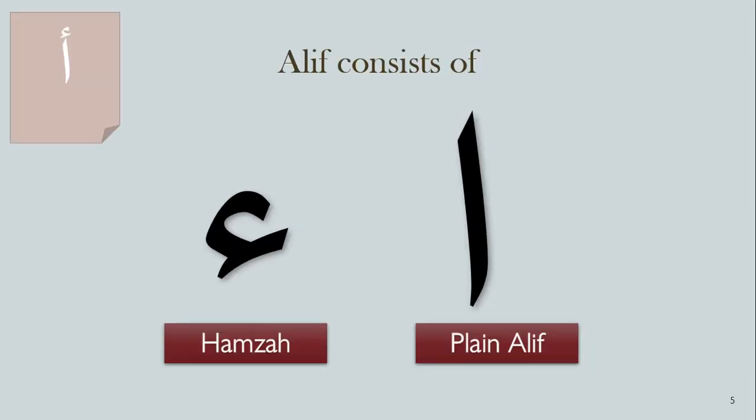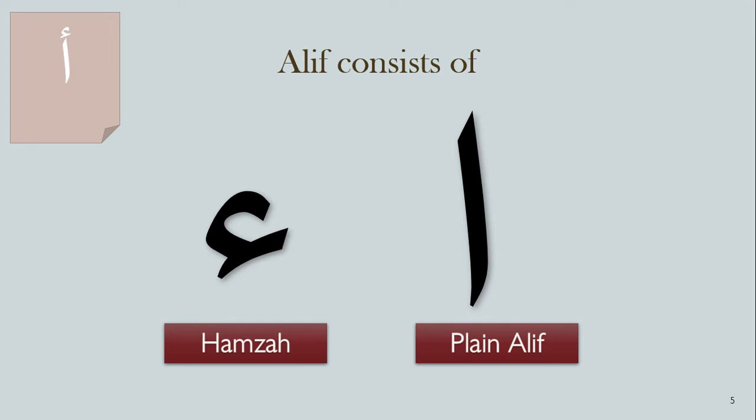Also, this is very important. We need to know that Alif consists of two parts, not just one part. Okay, we will notice that Alif, حرف الألف, has two parts. The first part is just like a stick, or like writing one, and this is called plain Alif.